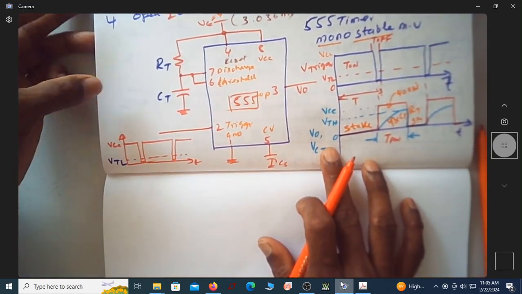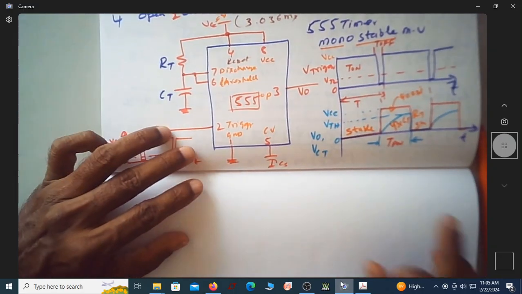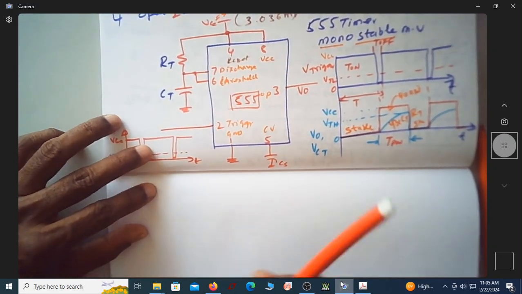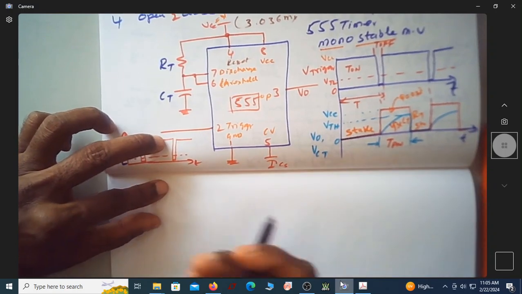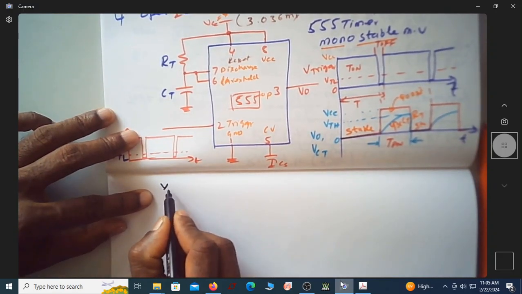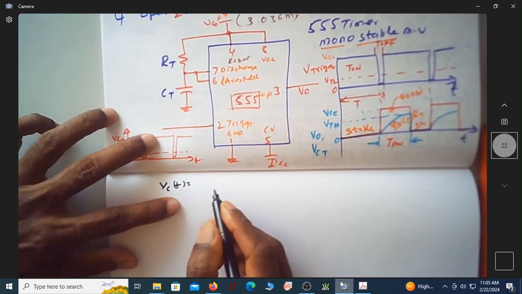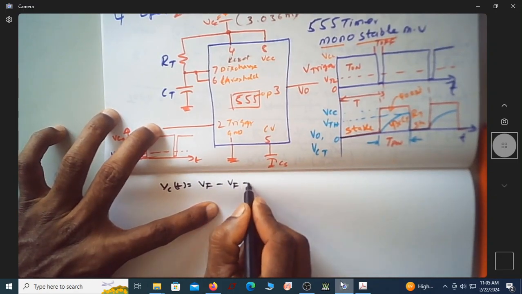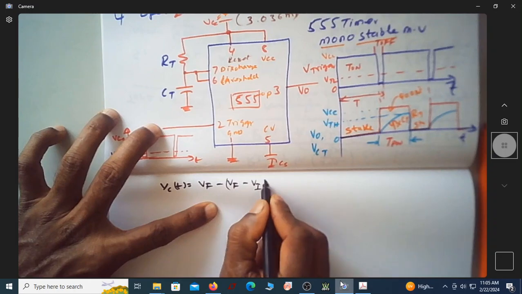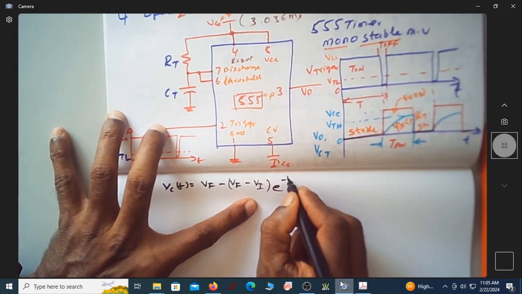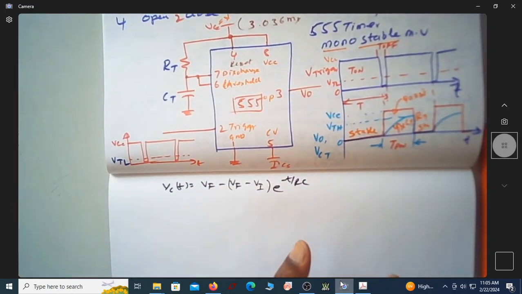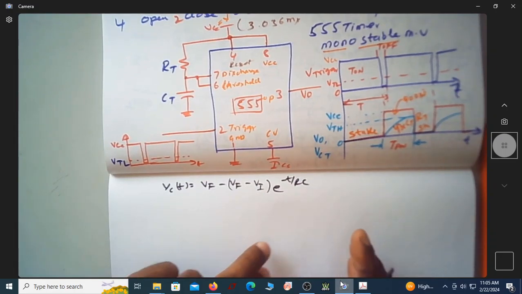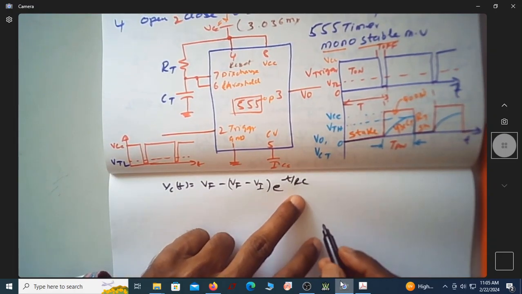Now let us see how we get the expression for this TPW. As we saw in the previous video, the capacitor voltage at any time is given by V final minus V initial times e to the power minus T by RC. This is a very general expression for a capacitor being charged through a resistor.